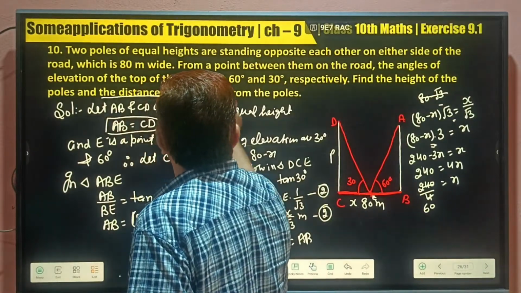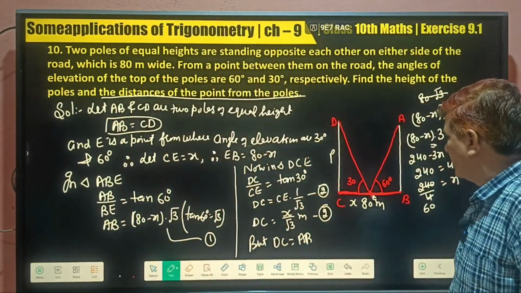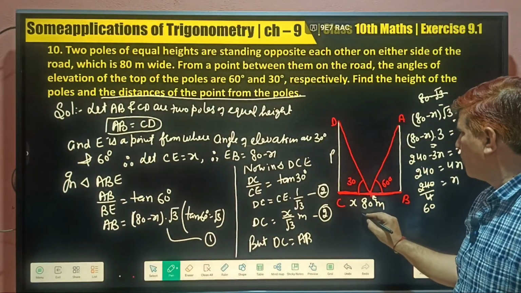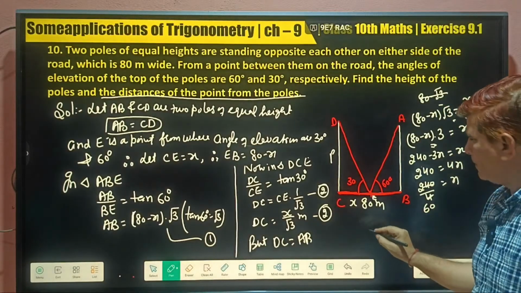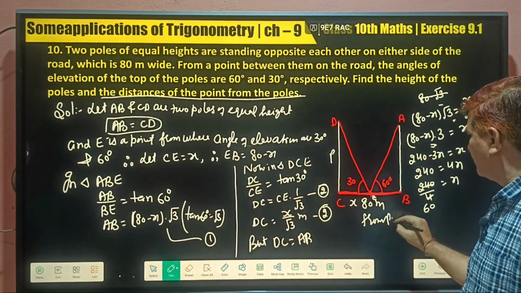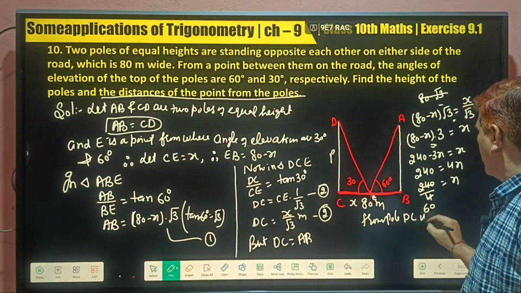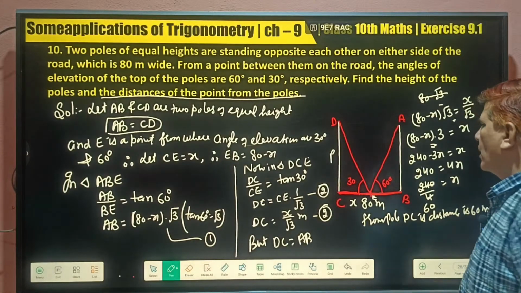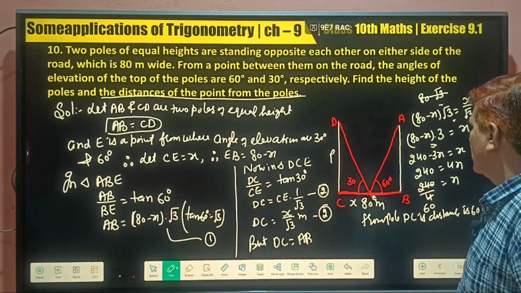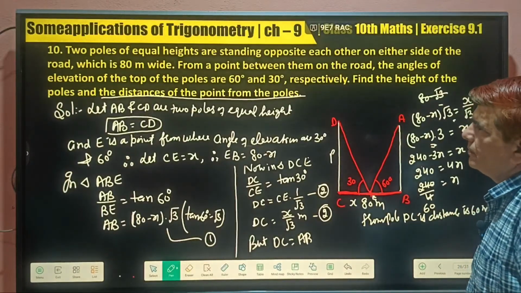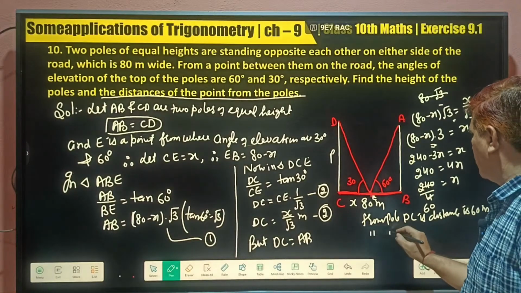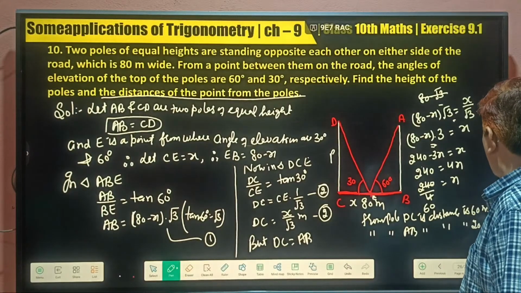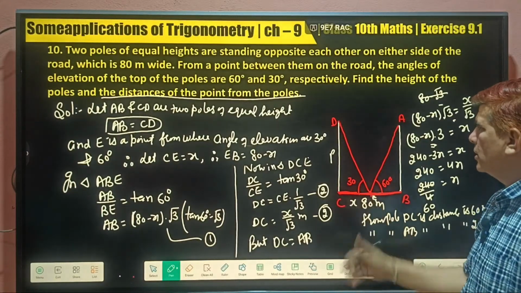Second, the distance of the point from the pole. From pole DC, its distance is 60 meters, and from pole AB, its distance is 20 meters. Total is 80, this is 60, 20 left.